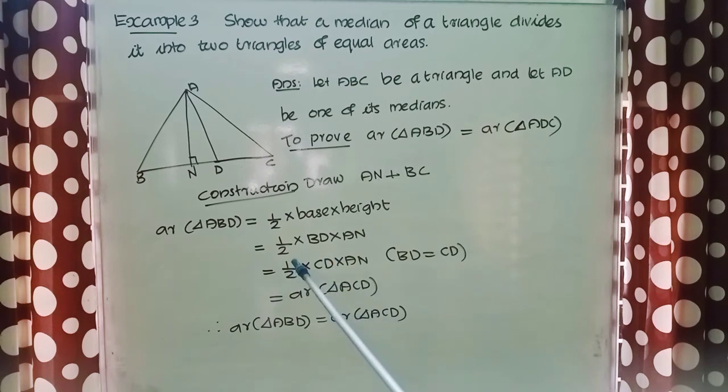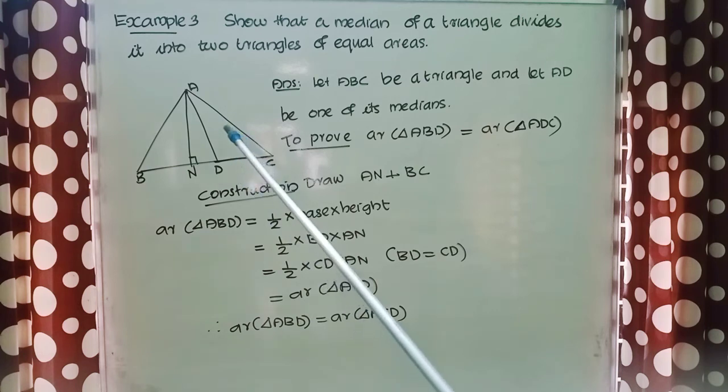Then we get that is equal to half into CD into AN. Half into CD into AN is the area of triangle ACD. So we get that is equal to area of triangle ACD. Therefore, we can conclude area of triangle ABD equals area of triangle ACD.